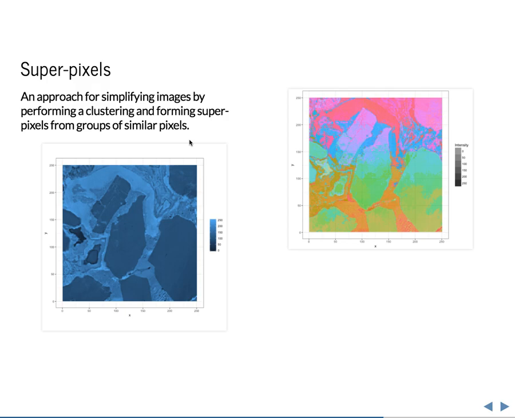So superpixels is kind of a further extension of this. And there we have lots of examples that take this into account. But basically it's performing this kind of k-means clustering, where instead of coming up with completely random assignments for every pixel, you focus on coming up with closed groups of pixels that belong together.